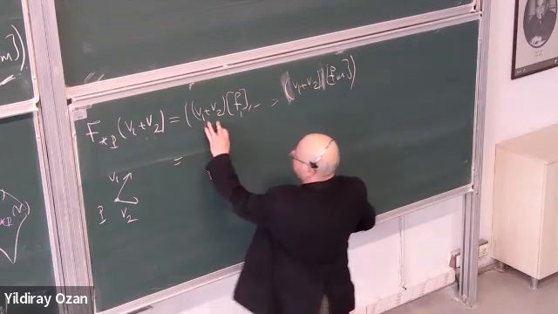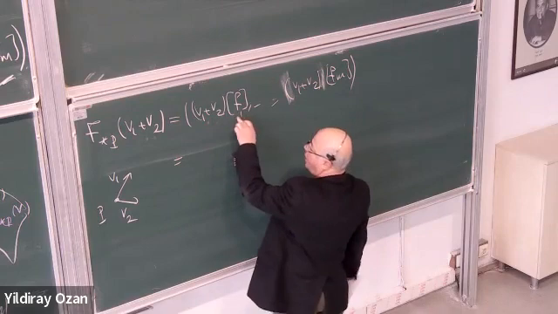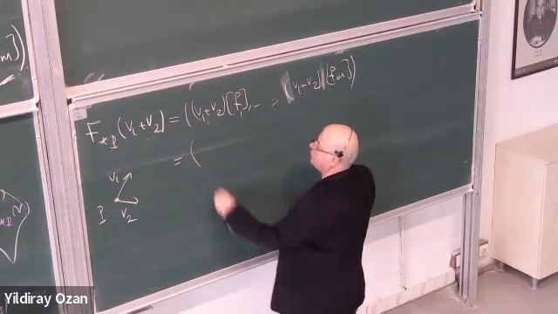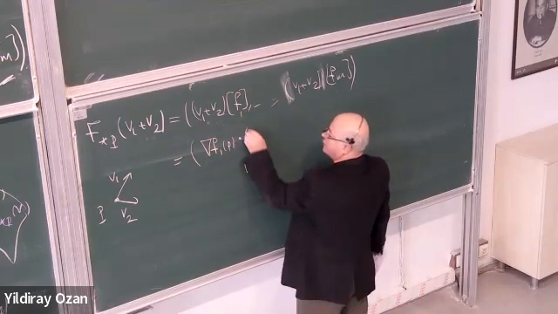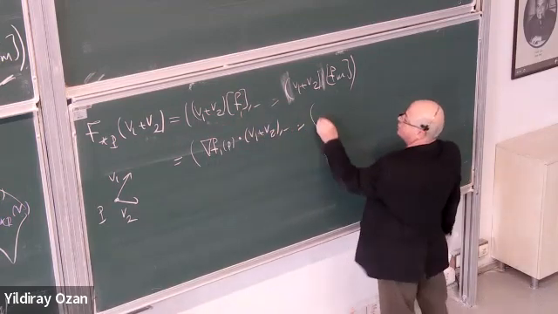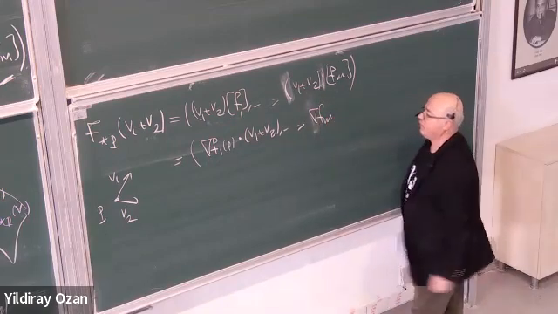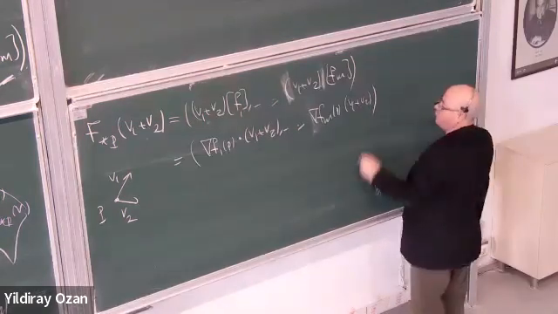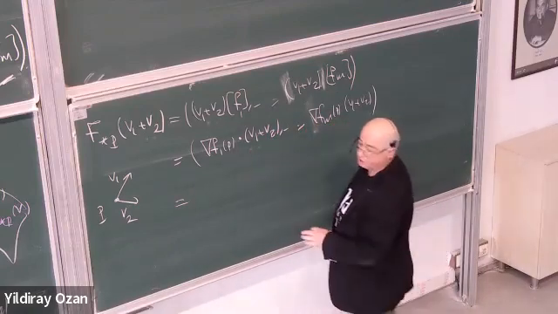But this is nothing but the directional derivative of F_i along this vector. So this is just the gradient of F1 at P dot product V1 plus V2, and I can just repeat this for each coordinate, the directional derivative of F at the point P along V1 plus V2, and the dot product is a linear operation in each coordinate.